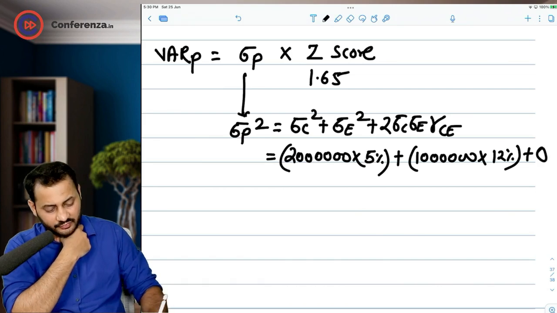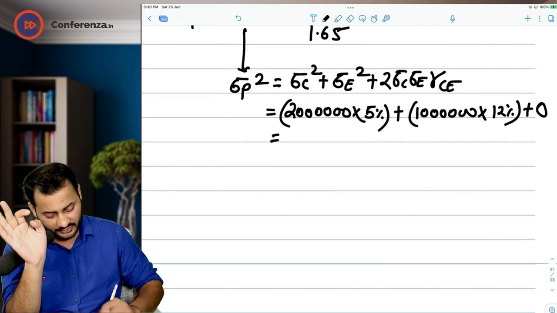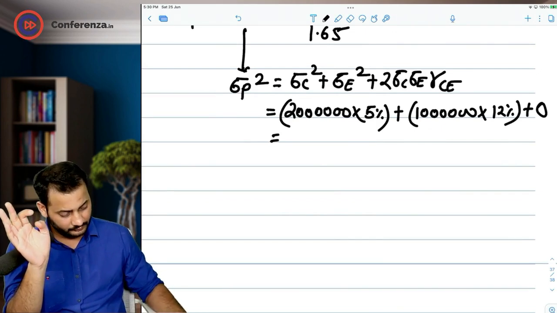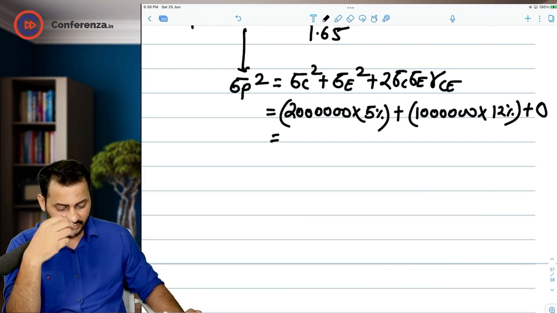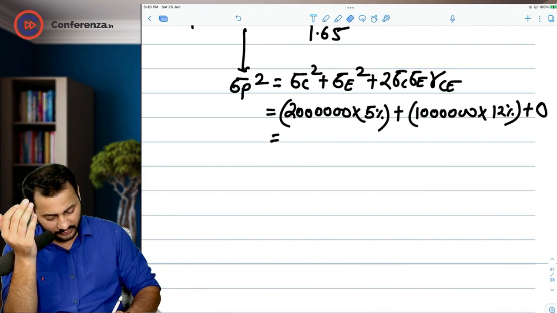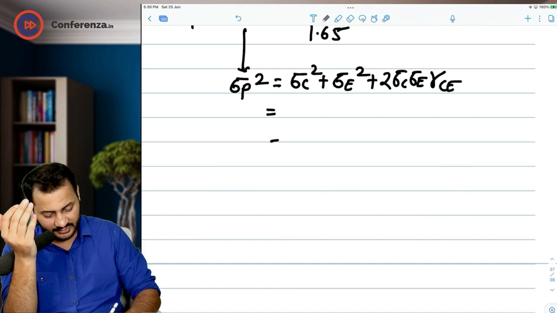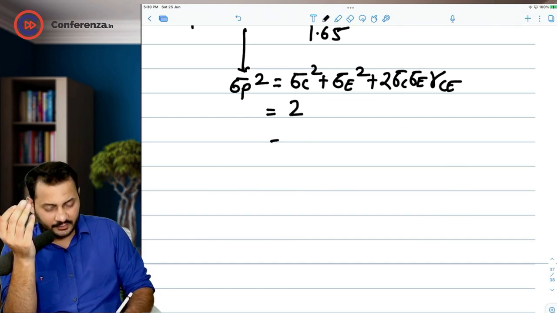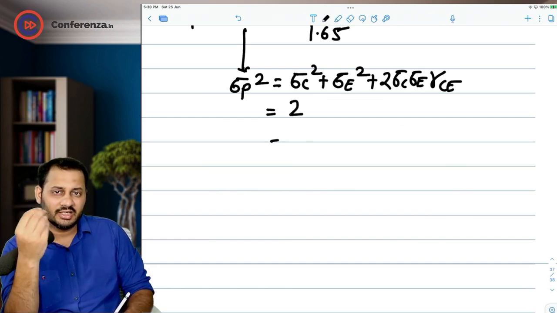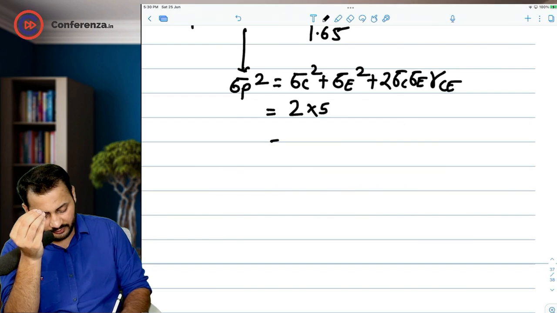The rest of the figure will become 0 because the correlation coefficient is 0. Let's solve this. This figure is going to go large, so we will reduce the calculation to millions instead of the entire figure. So I am revising the format from the entire figure to millions. So 2 million into 5%.